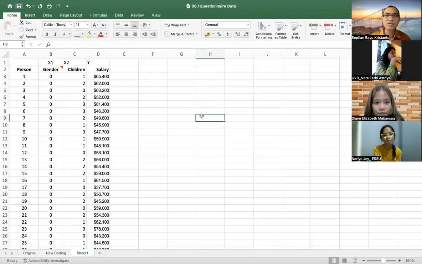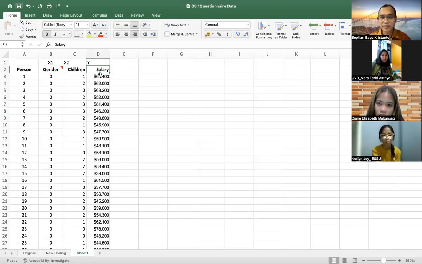Okay. So for the single regression, we only have 1 independent and 1 dependent variable. So you need to choose which one factor for salary. Let's say children and salary, or gender and salary, just one factor.